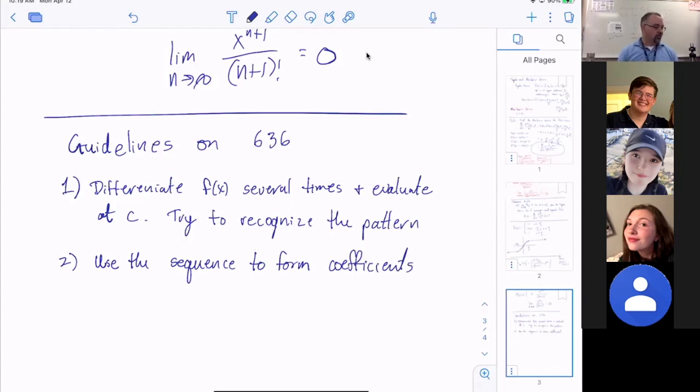We want a sub n to be that nth derivative at c over n factorial. And then here's the thing. Once we have that, you need to determine the interval of convergence.